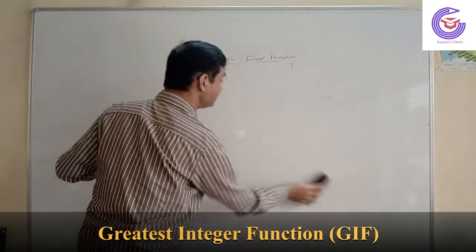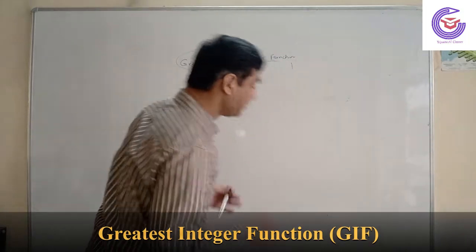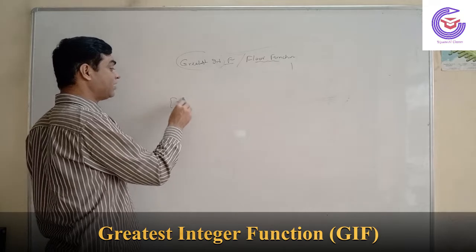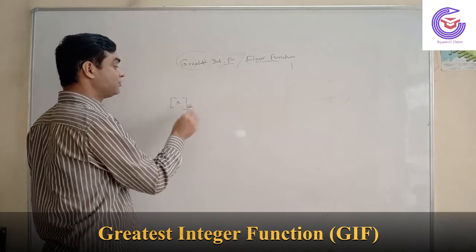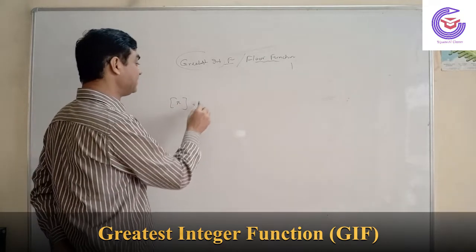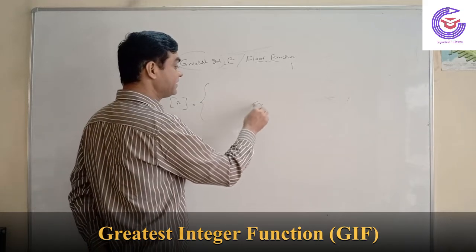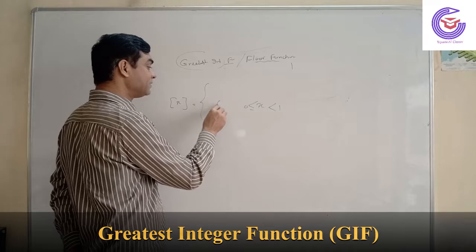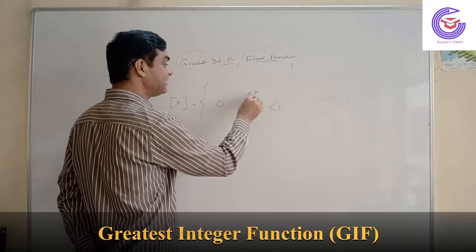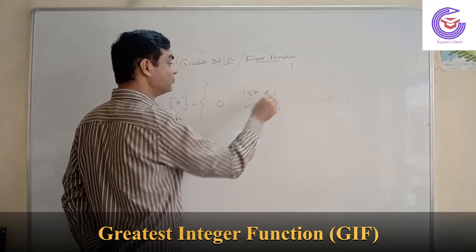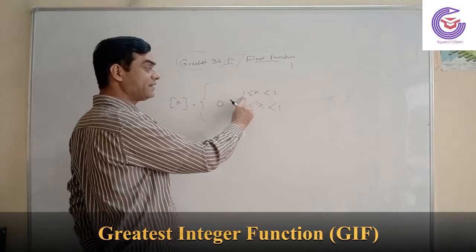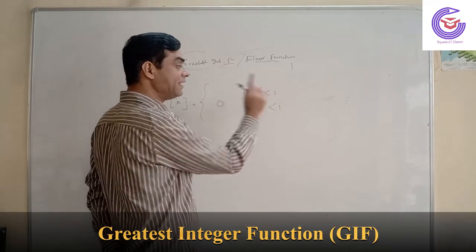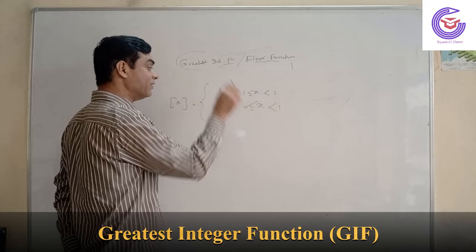Okay, how do you define the greatest integer function? It will give values like this. Suppose x is between 0 and 1, this value will be 0. If x is greater than or equal to 1 and less than 2, in that case the value will be 1.